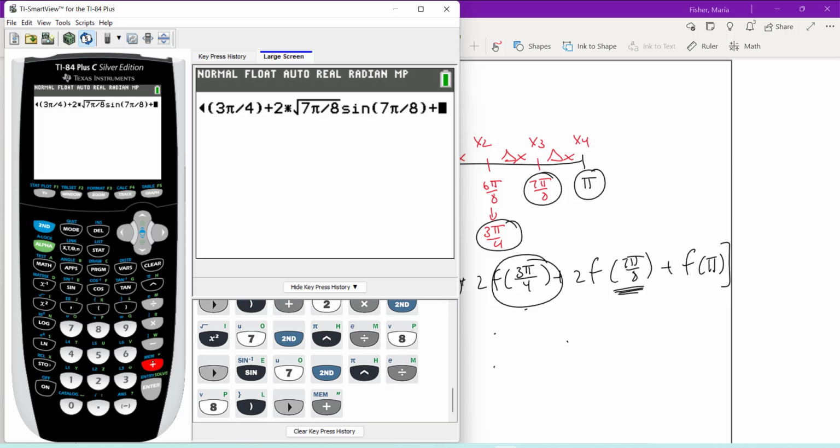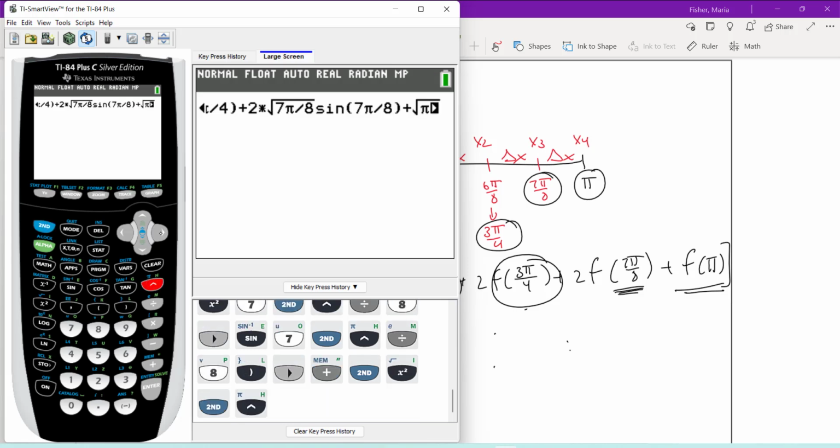And finally, just f of pi, which is going to be the square root of pi times the sine of pi.